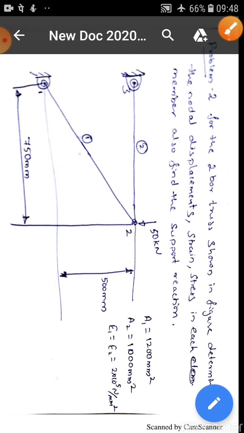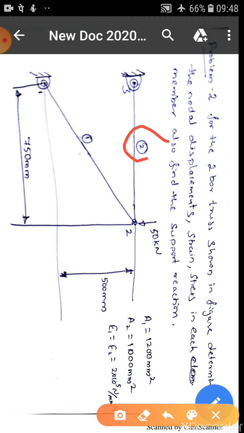Now what is the angle made by element 2? The angle made by element 2 at its local node 1.